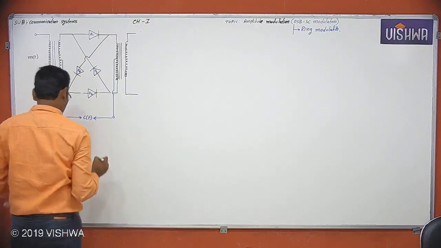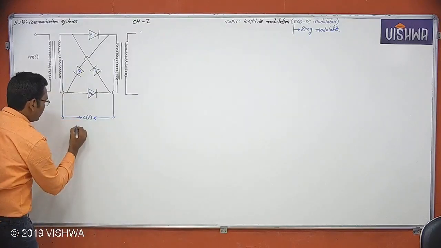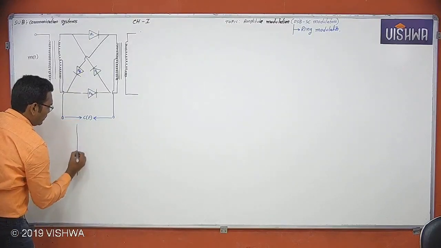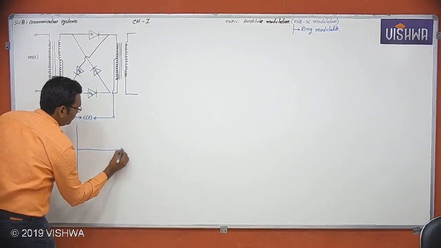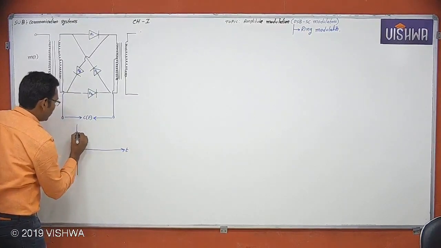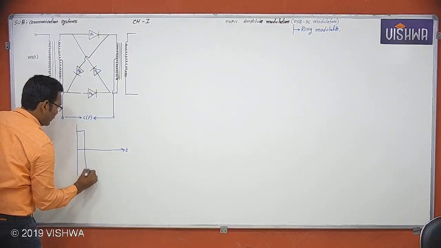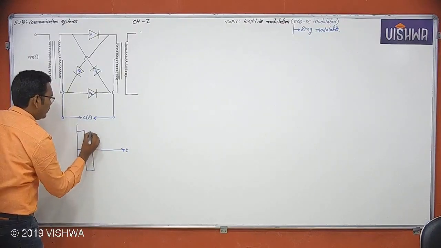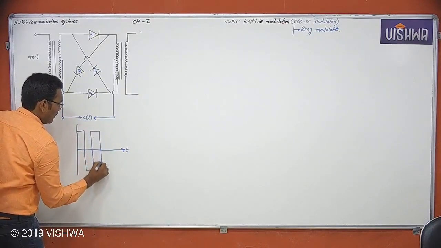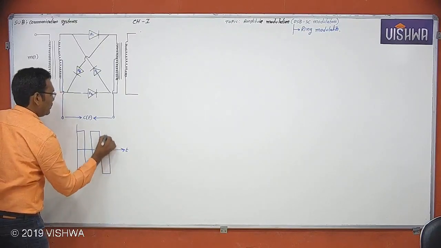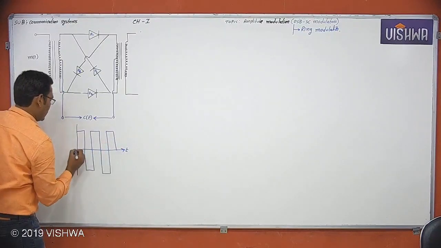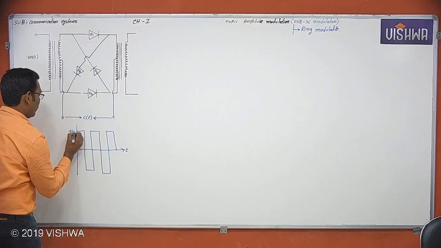Now for easy operation of this circuit, I just use this carrier signal as a square wave. But actually this is a sinusoidal signal, because all are sinusoidal modulation itself. But for easy calculations part, I just take this as a square wave.